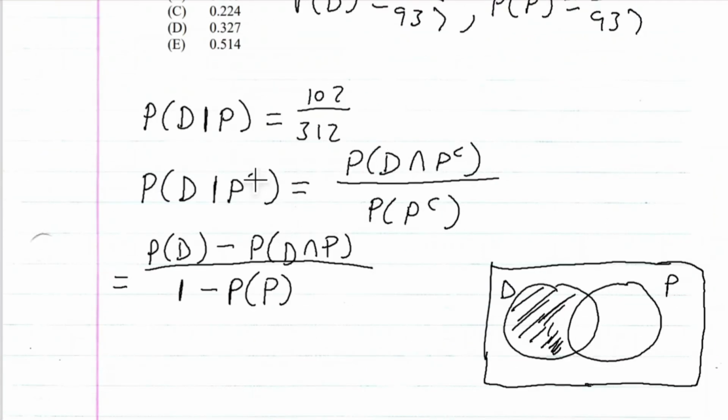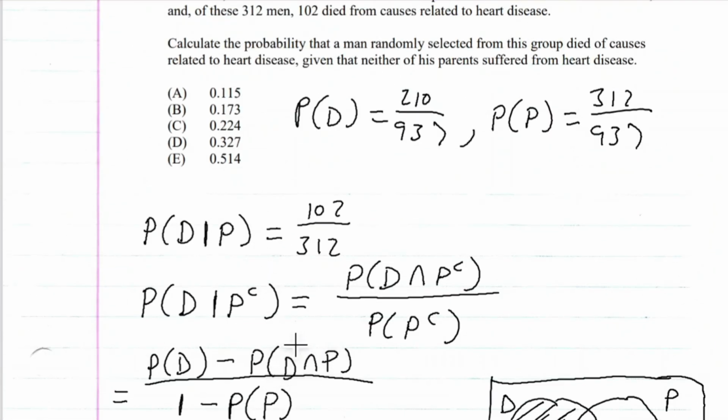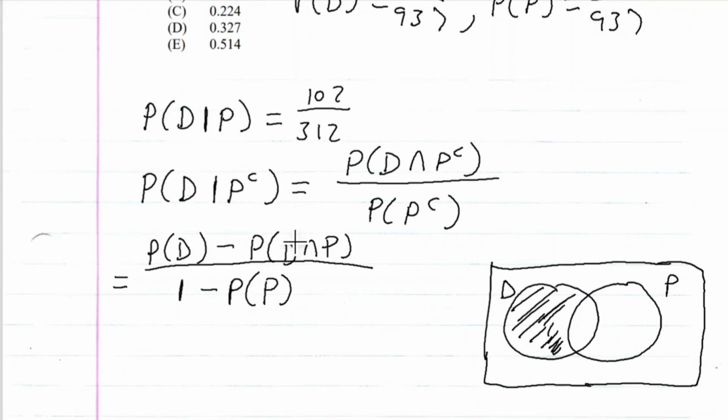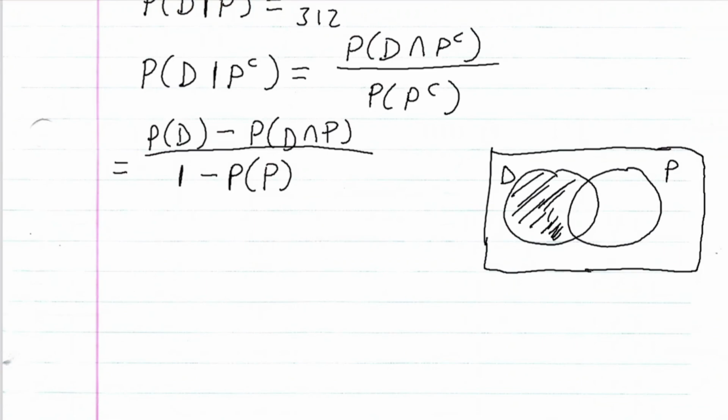All right, well, I can actually figure out the probability of D intersection P from the equation that I have here. So let me go ahead and scoot up a little bit.